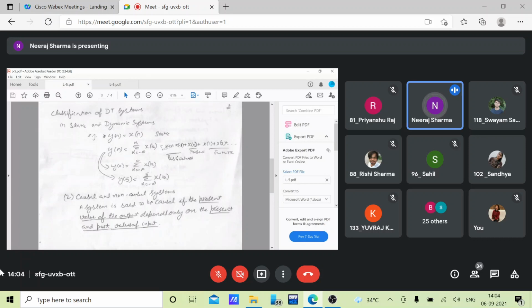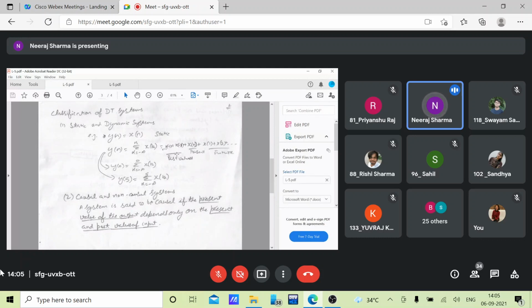If you look at the detailed expression now, we have some present value, then we have future values, and on the left hand side we have the past values. A system is defined as a static system if the present output is a function of only the present input. That is, y0 is a function of x0 only, and it does not depend upon the future values as well as the past values.